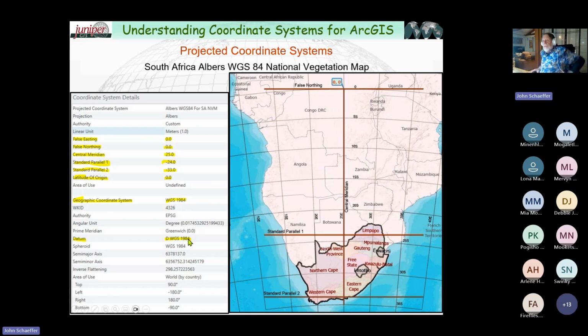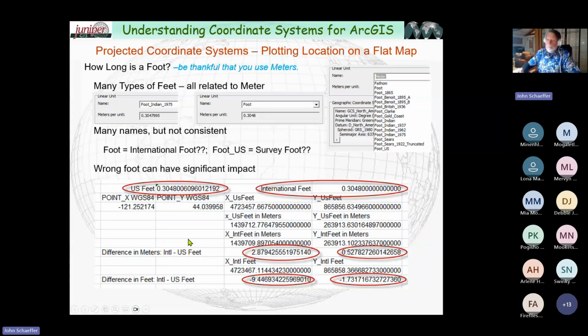Now, we're back in America, and believe it or not, there's over a dozen different types of feet. It's not just left foot, right foot. You're so lucky to be working in a country that uses meters.